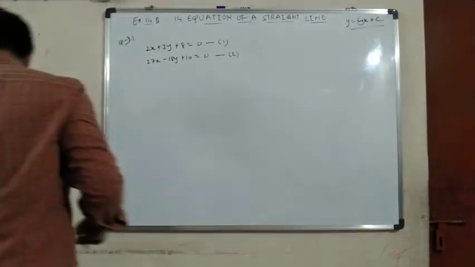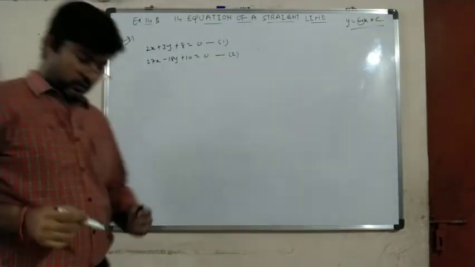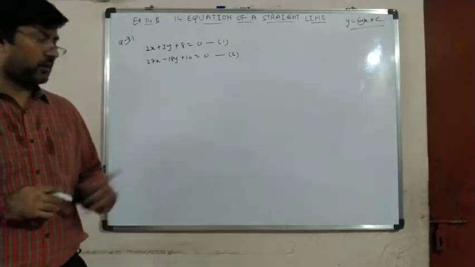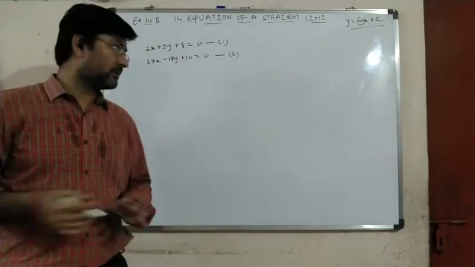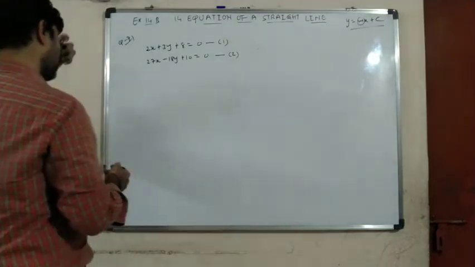Okay, these two lines are perpendicular, we have to show. Obviously, we will show that the product of their slopes is equal to minus 1. Clear? So let us first find out the slopes.